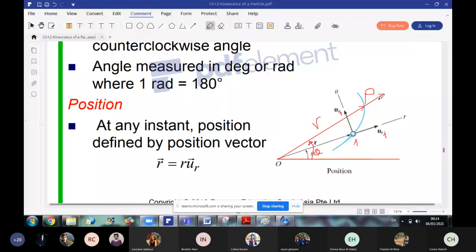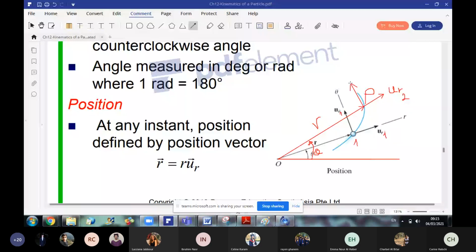And how to draw the vector U theta at location 2? U theta is always perpendicular to UR. But how to know if it's up or down? I should look at the positive direction of theta. As you can see here, theta is directed positively counterclockwise. This means that to obtain U theta, I should rotate from UR towards U theta in the counterclockwise direction.